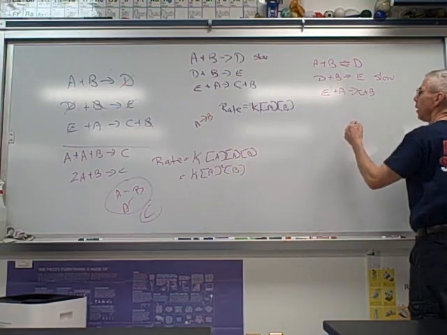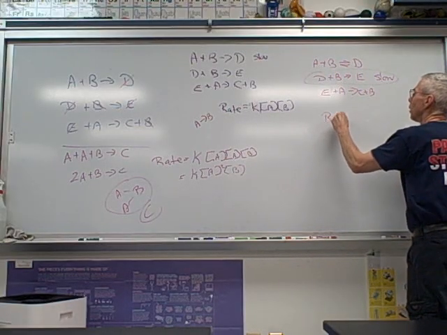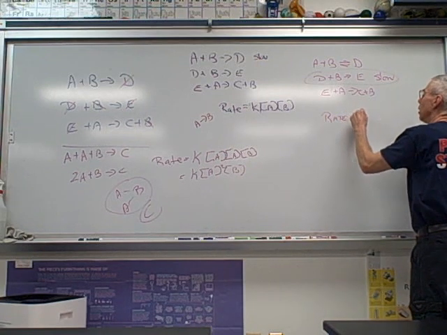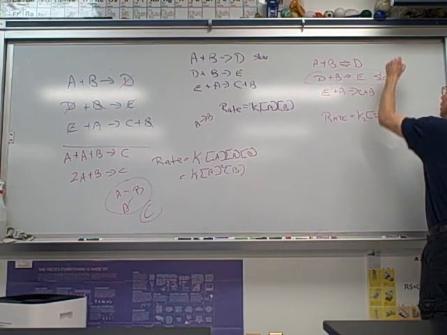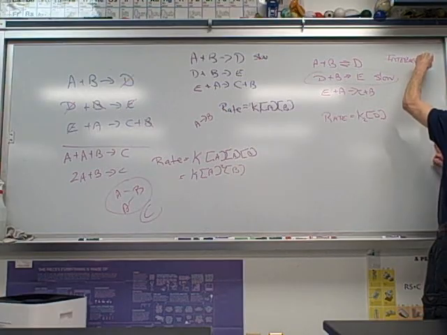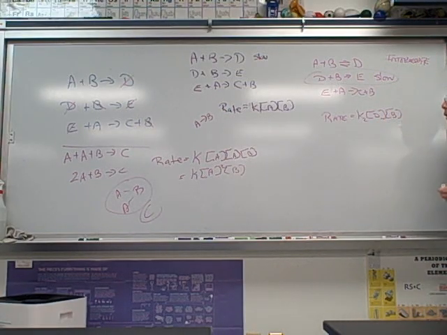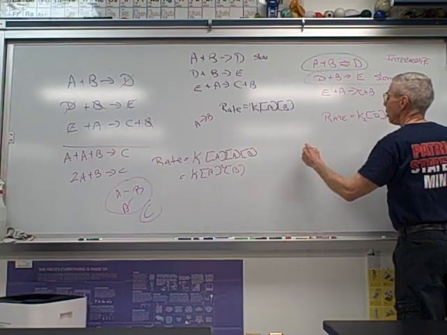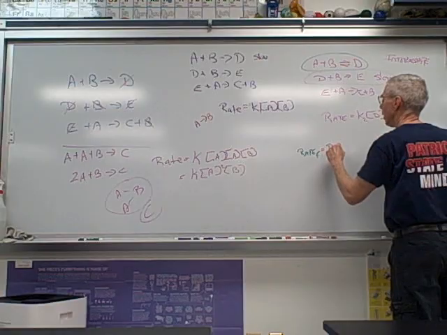If this were the case, then the rate would be based on this step. And so the rate law would look like this. Rate equals another k, concentration of that intermediate D, and the concentration of B. Now, what we said in class today was that if we were to have this equilibrium, that means in that very first step, the rate forward equals the rate reverse.